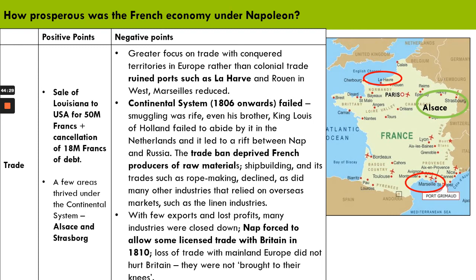So smuggling was rife, which undermined the whole idea in the first place. But it was a dispute over the continental system that eventually, as it said in the video, leads Napoleon to conflict in Russia, which is the really important mistake that he makes in ending up fighting a war on two fronts from 1812.